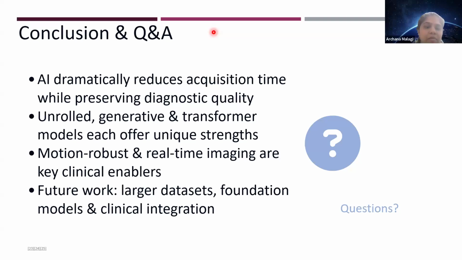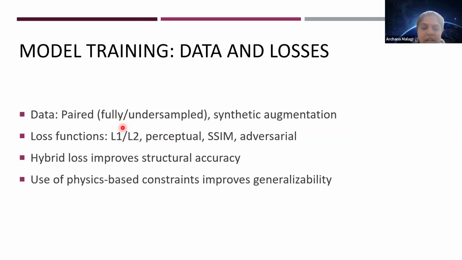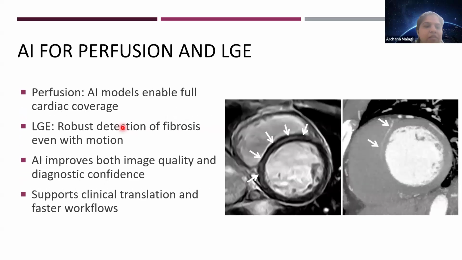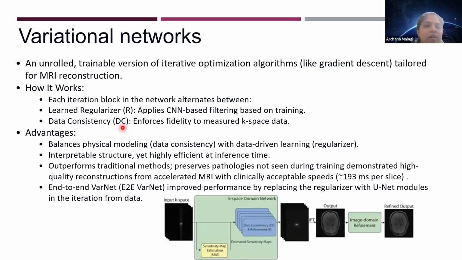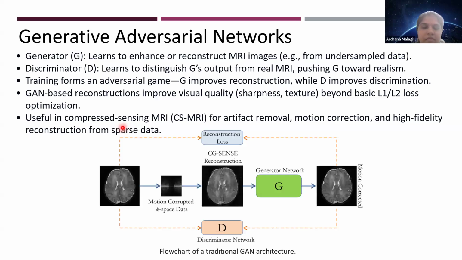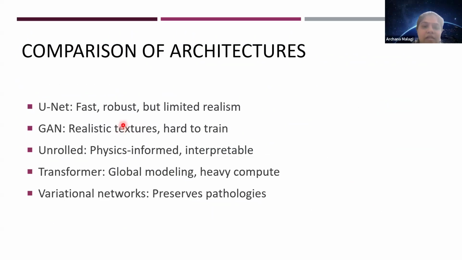For example, I have a slide on limitations: U-Net suffers from the disadvantage that it predicts voxels which are not present in the original image.